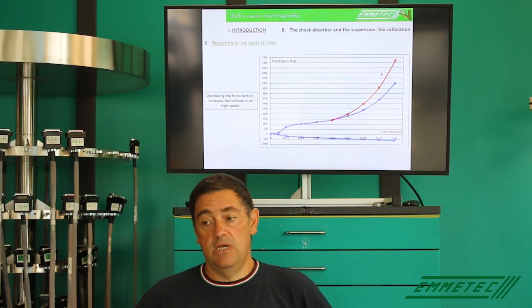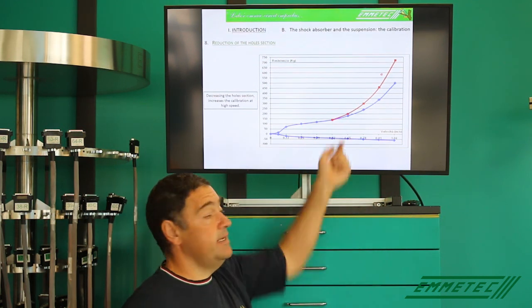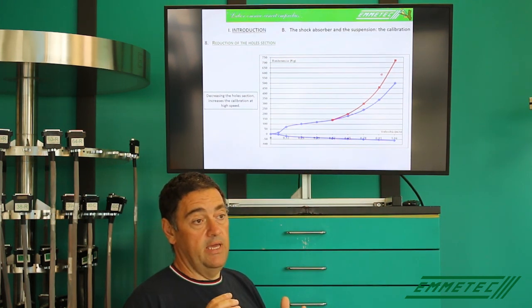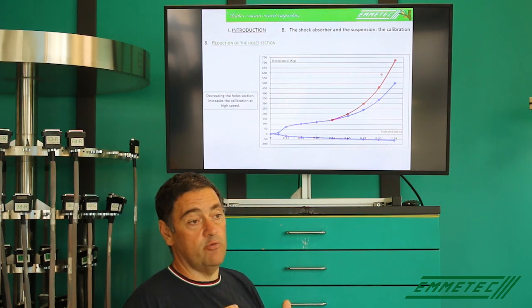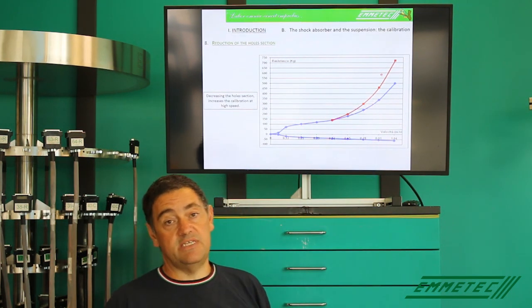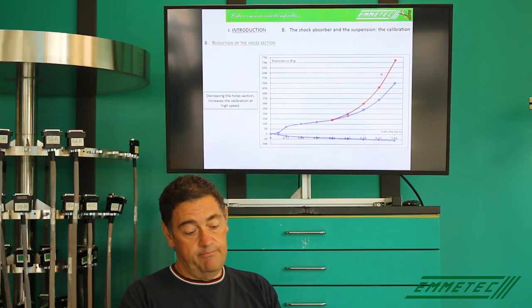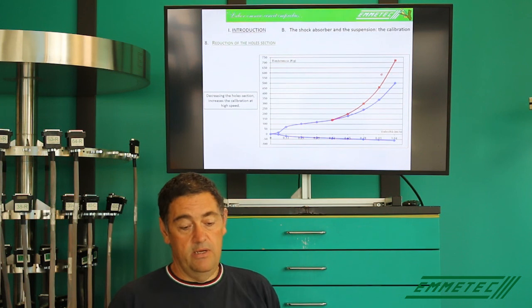Of course, on races, depending on the application, we can need one shock absorber much more harder at high speeds. And in this case, the technician chooses a piston with smaller holes.